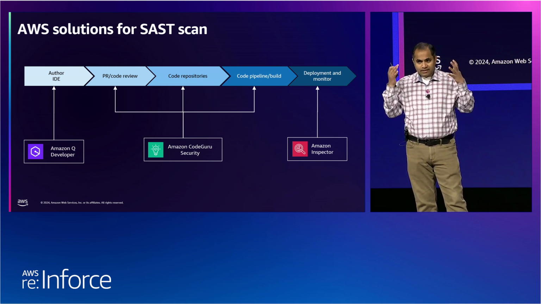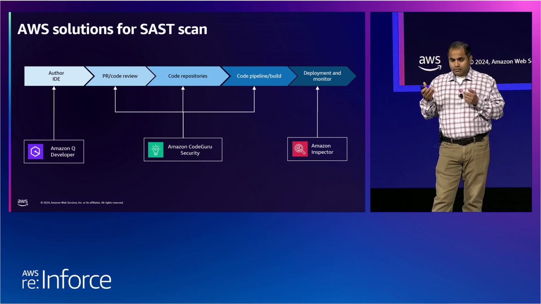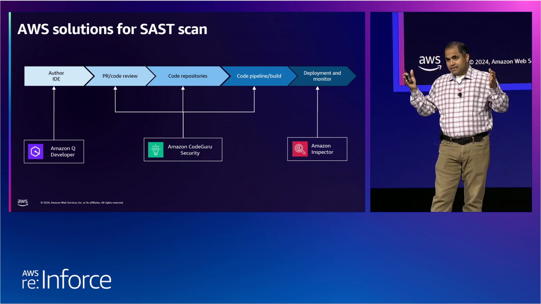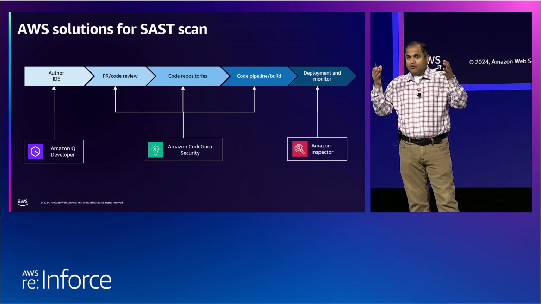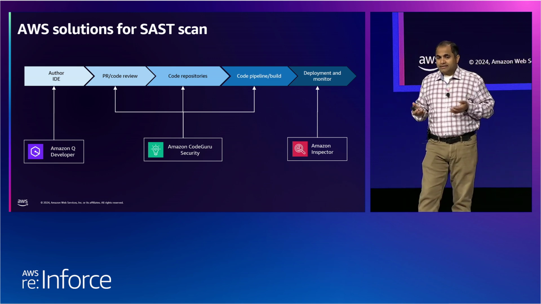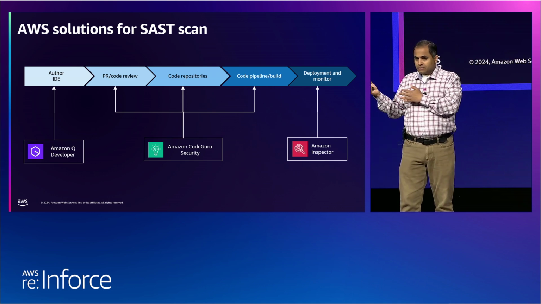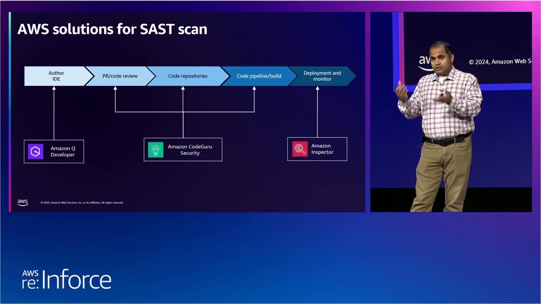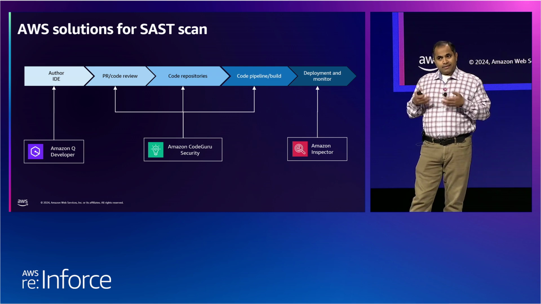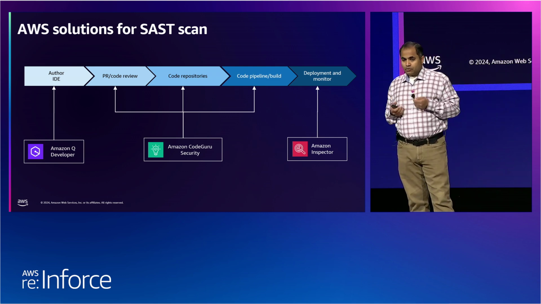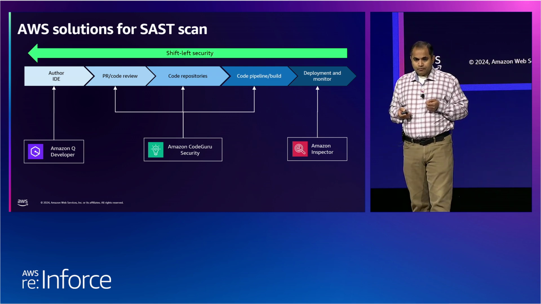You can run that, it detects all the security issues, and you can fix those. For the CI/CD and the code pipelines, we have Amazon CodeGuru Security, which supports the SAST scan. And for the applications running in your production, we have Amazon Inspector, which looks into your production workload and runs the code security analysis.